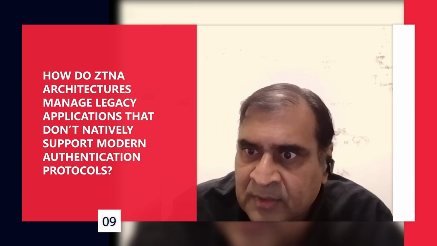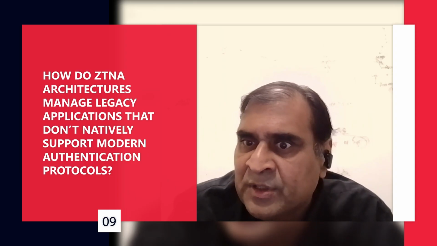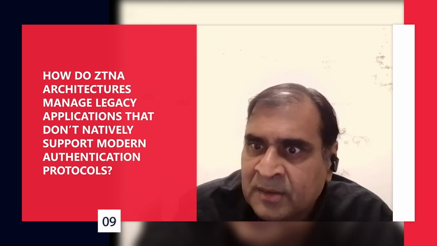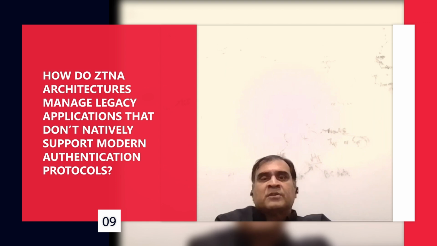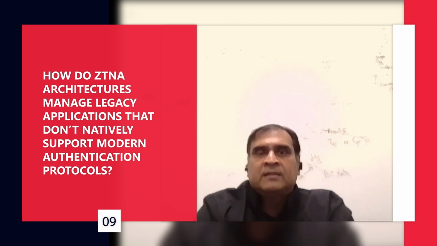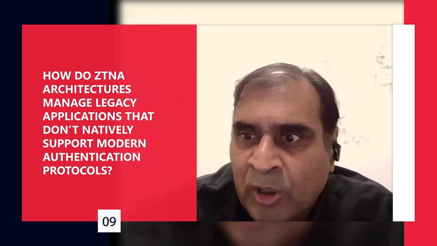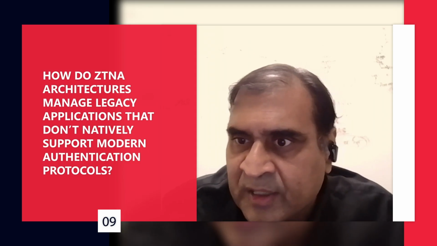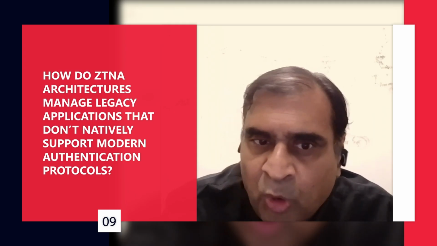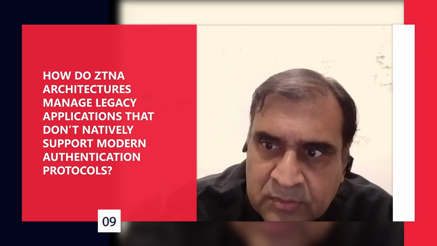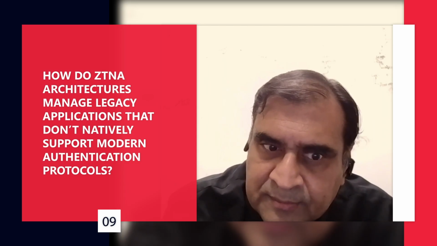So those are the things which you need to measure. If it is a non-critical thing, then maybe you do not enforce zero trust as much. But if it's a critical system, we need to take measures to migrate it onto a more robust system.